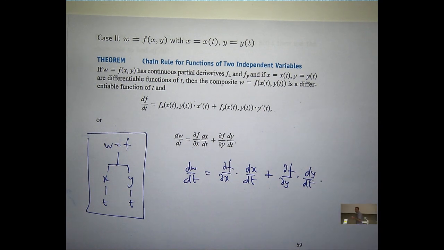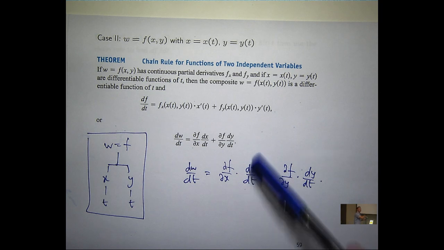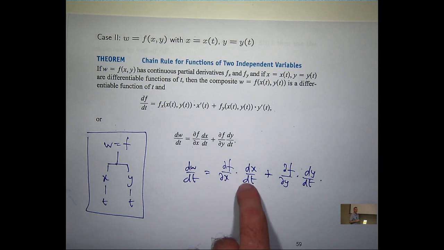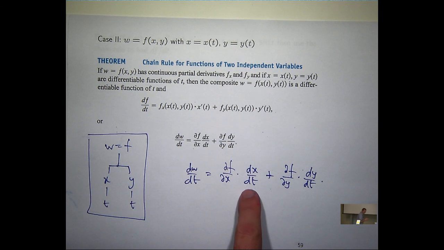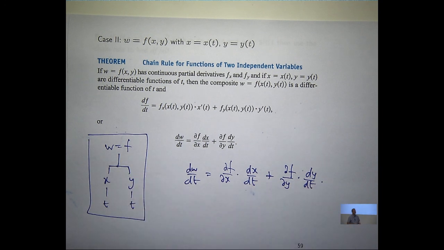Now, you may be a little bit confused saying, hang on, why have I got partial derivatives for some and ordinary derivatives for the other? Can anyone explain why I have straight d's here, not curly d's? Yes? Right, there's only a one variable dependence on the x and the y. Okay, good.